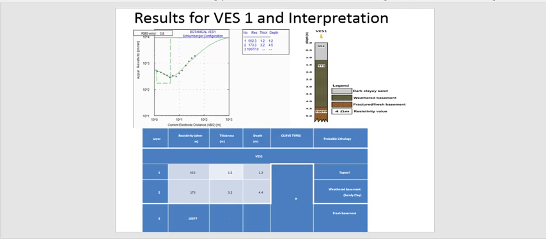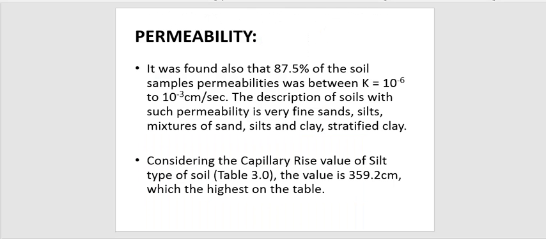So in this project, we came up with these values after conducting the test. It was found that 87.5% of the soil samples were permeable.